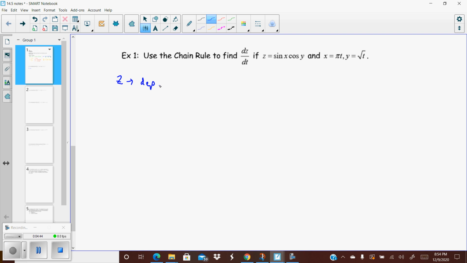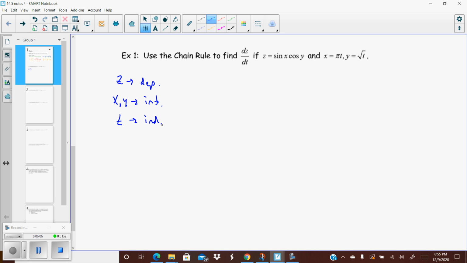X and y, in this case, are intermediate variables because they're in between. So z depends upon x and y, but x and y depend upon t. So t is your independent variable.